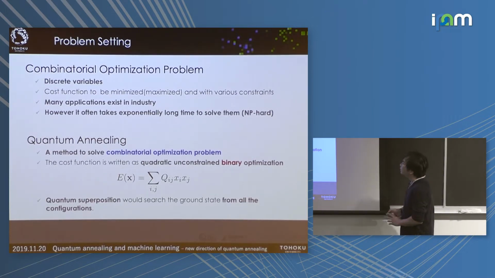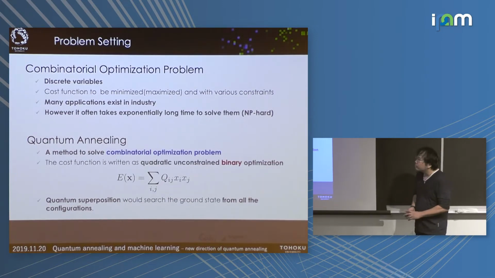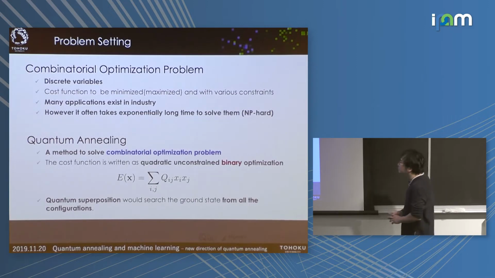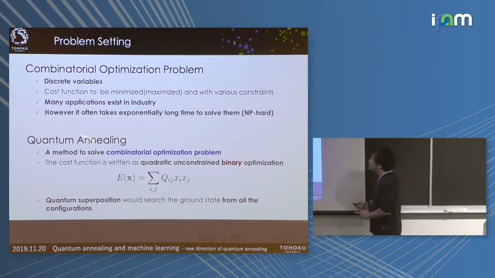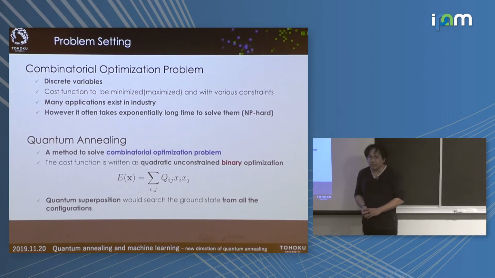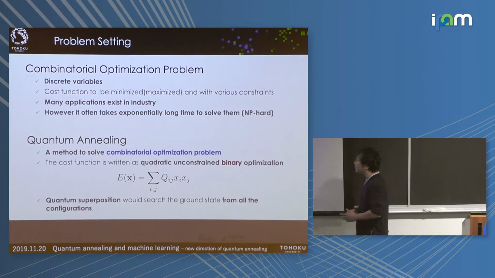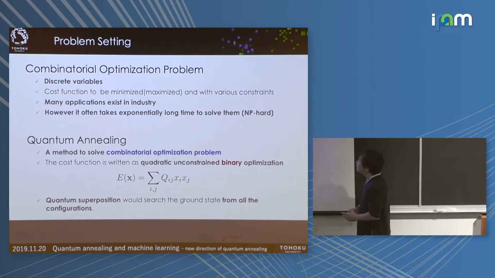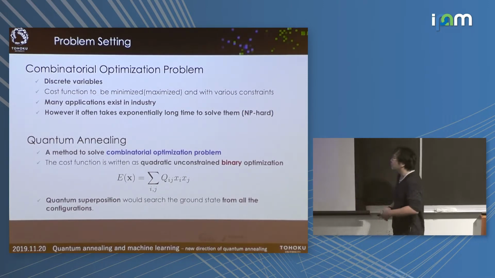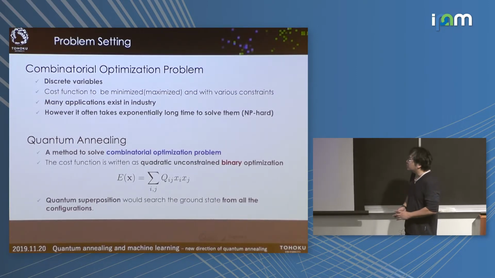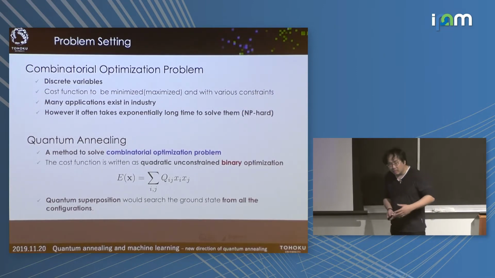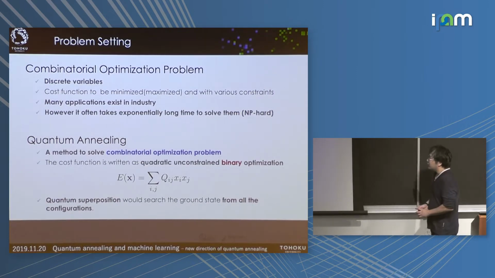We consider some cost function to be minimized or maximized, with some constraints. Many applications exist in industry, in the sense of the benefit to the business side. However, it often takes an exponentially long time to solve them as the number of variables increases. This kind of problem belongs to the NP-hard hierarchy.